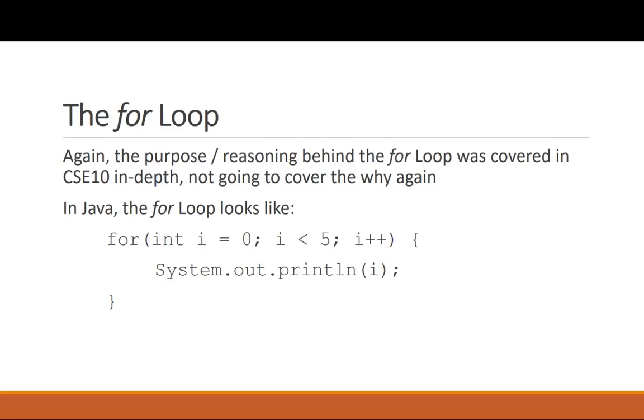So how this is read: we've set i as 0, while i is less than 5 the for loop is going to run, and we're going to increase the value of i each time. Within our curly braces, we have a simple statement, System.out.println(i). So this is going to print 5 times, and the last thing printed is 4. So it'd be 0, 1, 2, 3, 4.